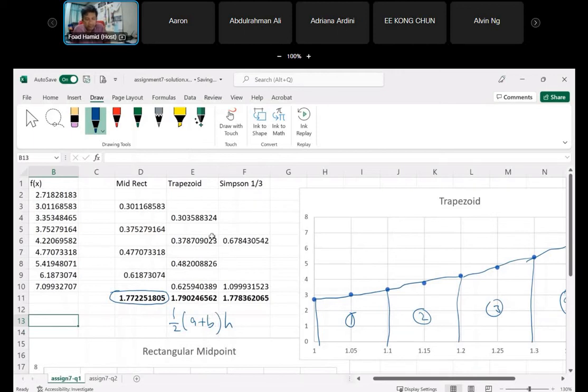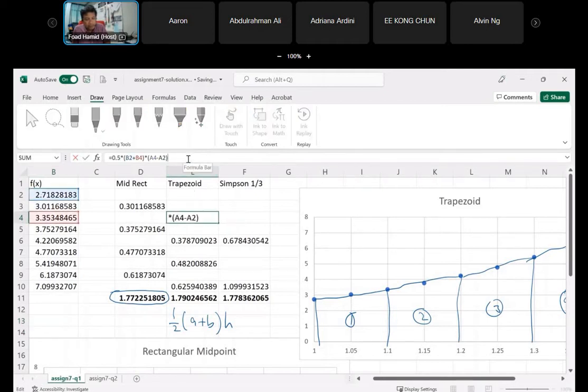Let me show you here. Basically 0.5 times this plus this times the interval, which is 0.1. So I get this value, and the same thing, this plus this times 0.5 times the interval.